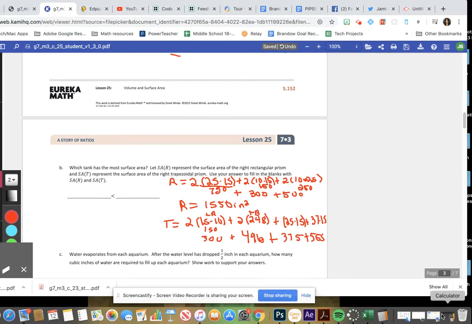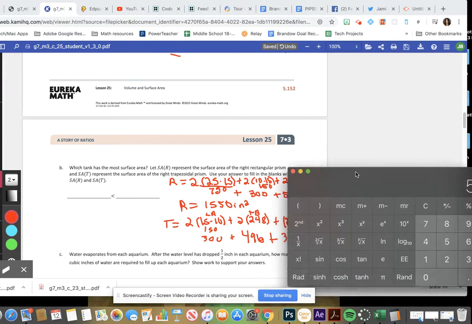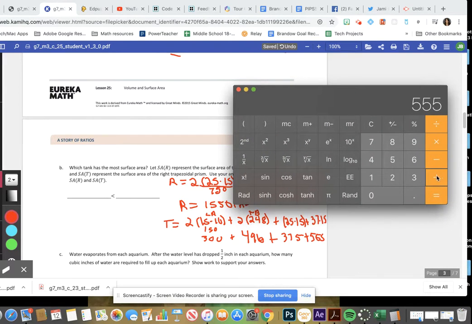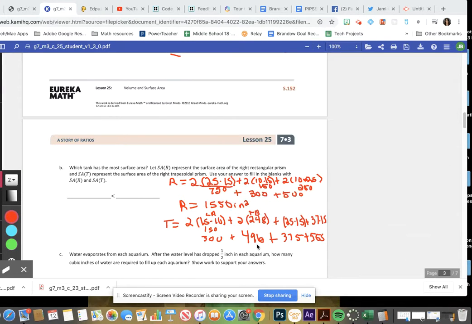Okay, and then I can add all those together. So 555 plus 375 plus 496 plus 300 is 1726. So T was 1726 inches squared.